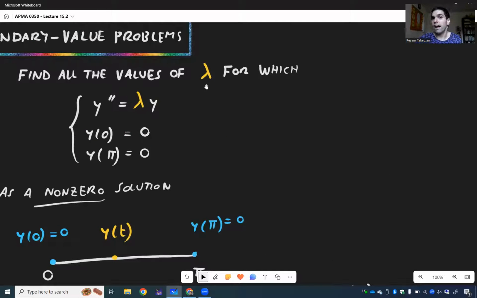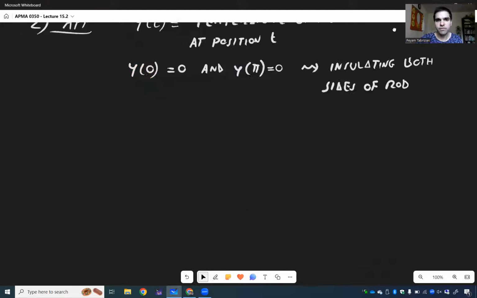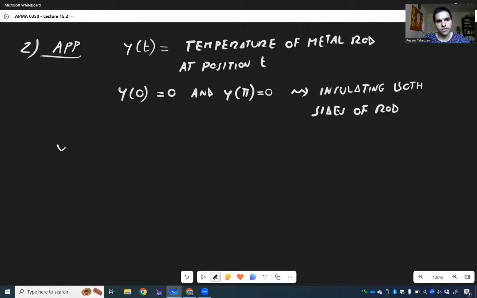So we want to find the values of lambda for which this has a non-zero solution. As usual, let's find the auxiliary equation. Again, our differential equation is y double prime equals lambda y. So the auxiliary equation is r squared equals lambda. And notice the behavior of the solution really depends on the sign of lambda.